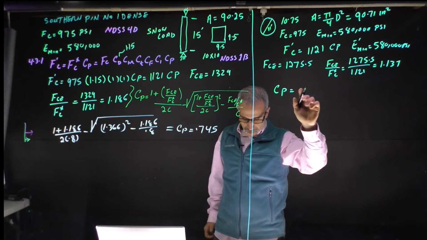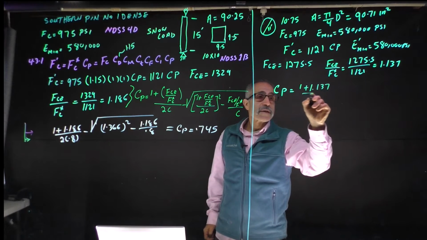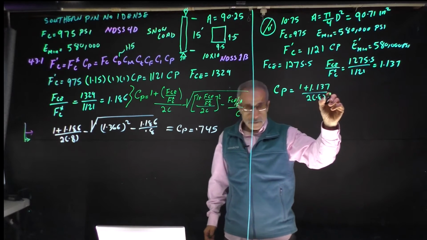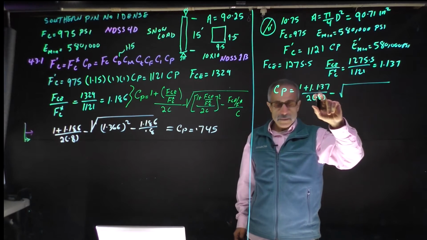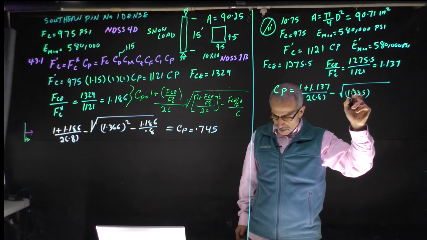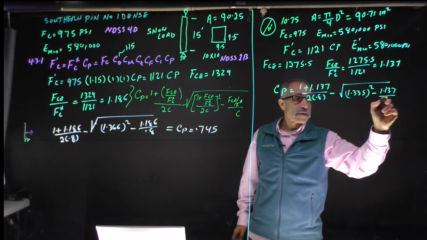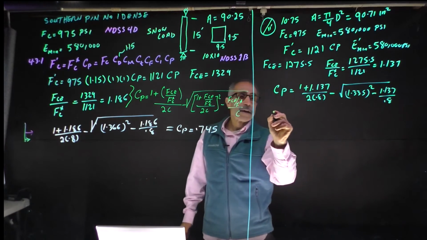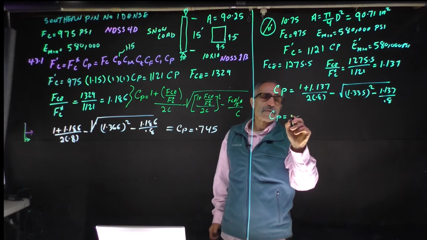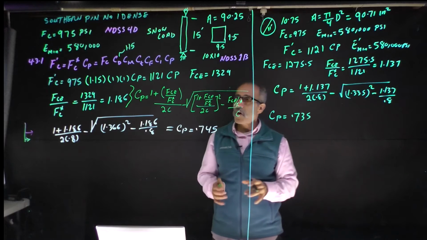So my CP comes out to 1 plus 1.137 divided by 2 times 0.8, minus the square root of, this comes out to 1.335, I think, I could be off a little bit, minus 1.137 divided by 0.8. And CP for this one comes out to 0.735, and 0.745 for the other. It's almost identical.